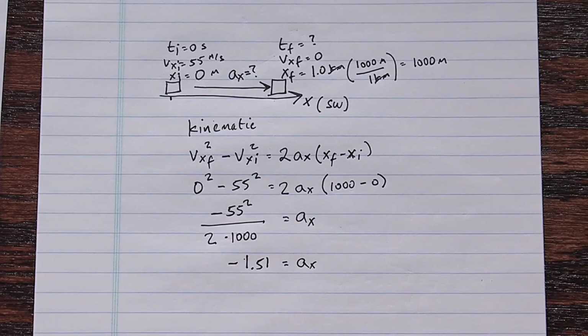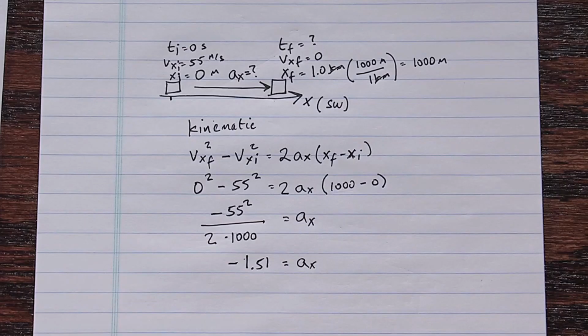Now, what does it mean that we have a negative acceleration? That means that the acceleration is pointed in the negative x direction, or in other words, its velocity in the x direction is becoming more negative. It went from being positive 55 to 0 meters per second in the x direction, which is a decrease.